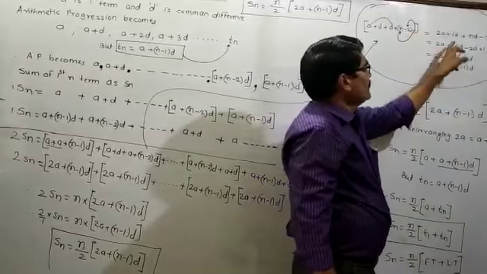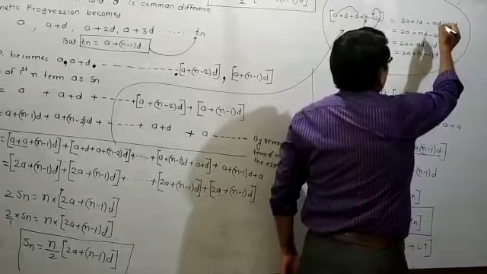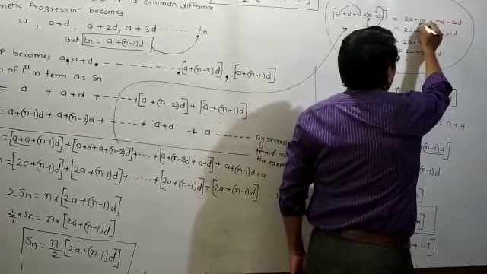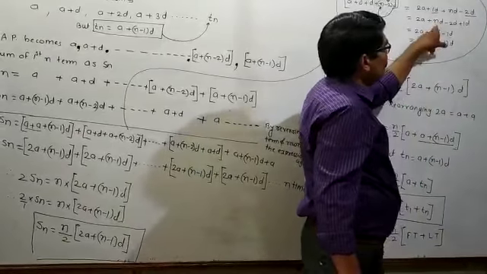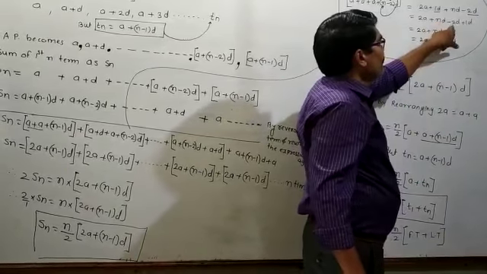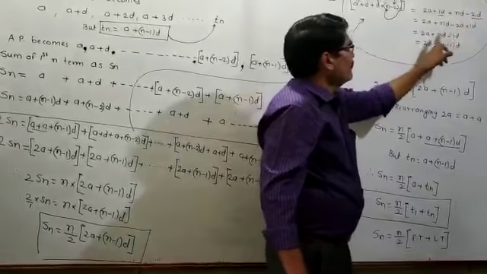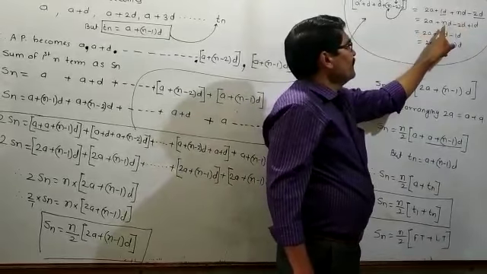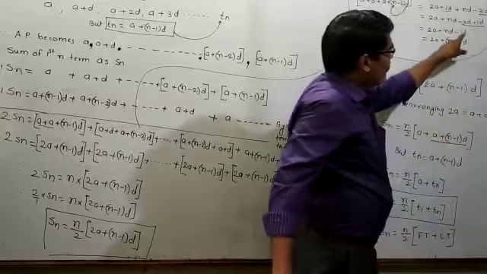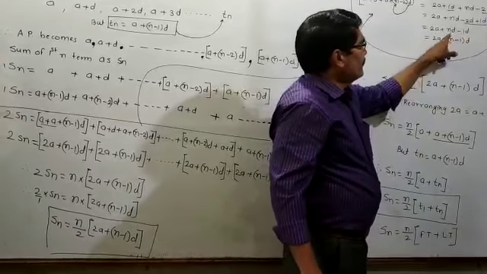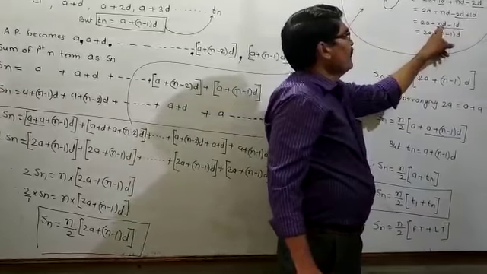Then 2a as it is, this 1d and 2d you have to write together. First I will write the term of n into d, minus 2d as it is, plus 1d here. Then 2a as it is, nd as it is, minus 2d plus 1d is equal to 1d, and between these two terms you have to take d common.